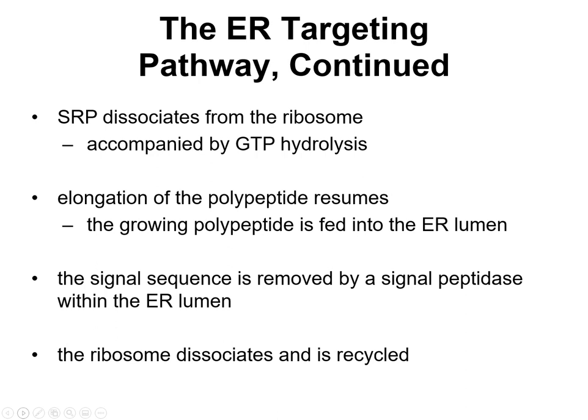SRP is going to hydrolyze its GTP, and in combination it will also dissociate from the ribosome. So all it does is deliver the whole kit and caboodle to the ER so that it can release that polypeptide into the ER lumen.